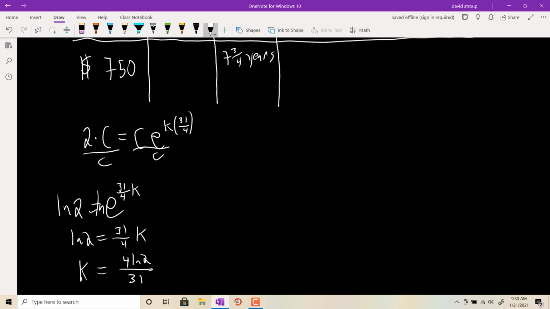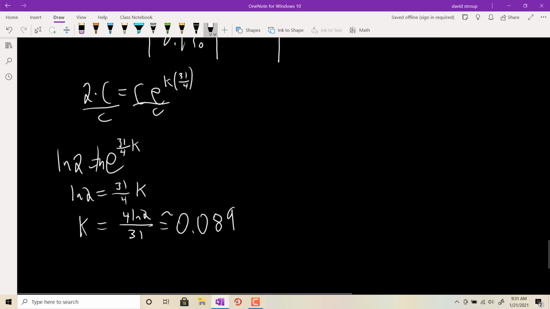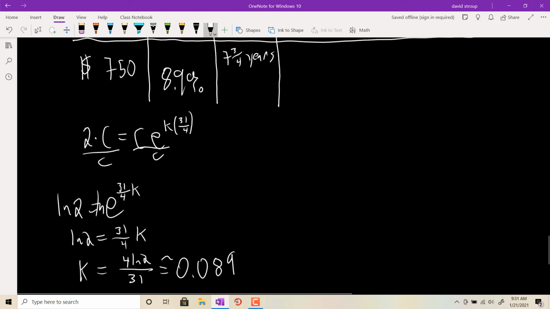Okay, and if you get an approximation, it's about 0.089. So your annual rate is, if you move the decimal over, 8.9%. Right. So then we want to know how much money we have after 10 years. And they gave us the initial amount, so I didn't have to use C or anything.